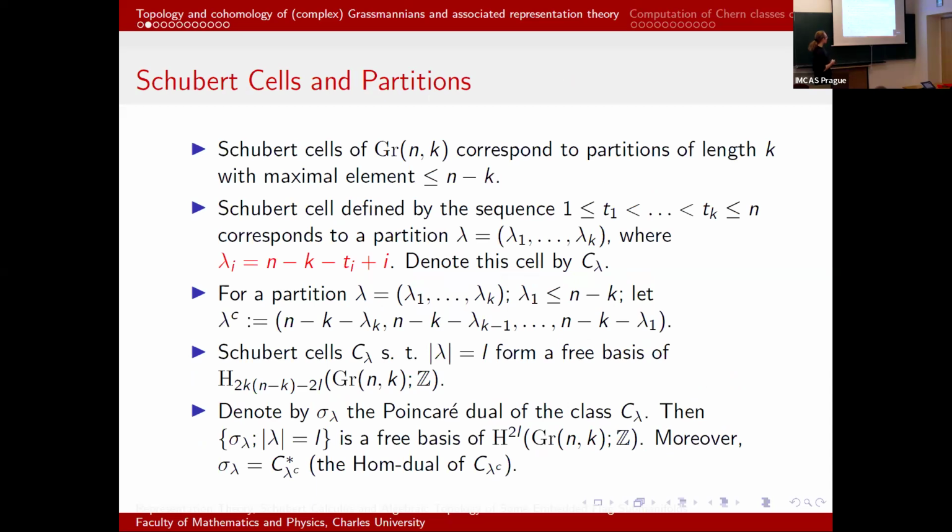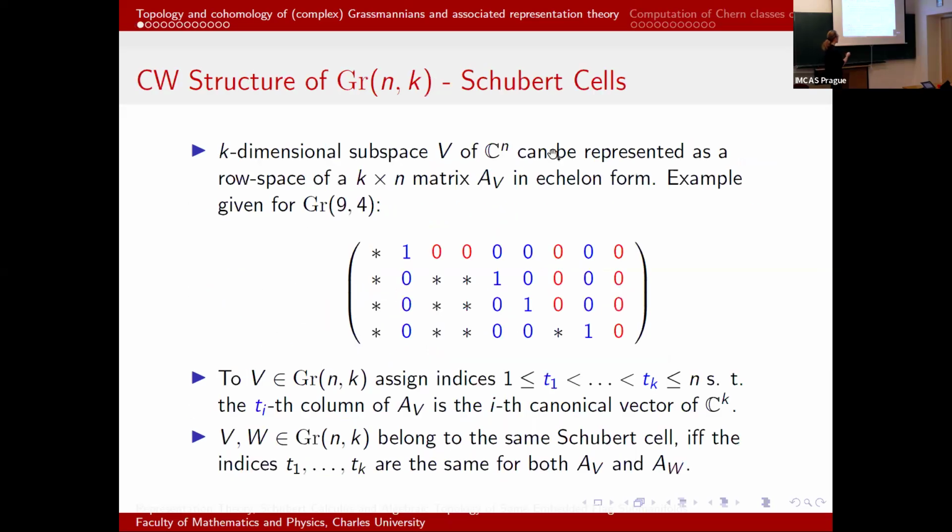If all the subspaces in a Schubert cell define the strictly increasing sequence t1 up to tk, we assign to it a partition lambda, whose i-th part is defined like this. Basically, we just compute the number of the red zeros in each row. So this Schubert cell would correspond to the partition 4, 2, 2, 1.